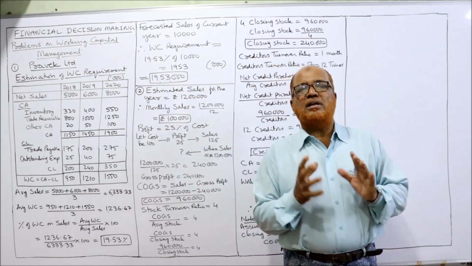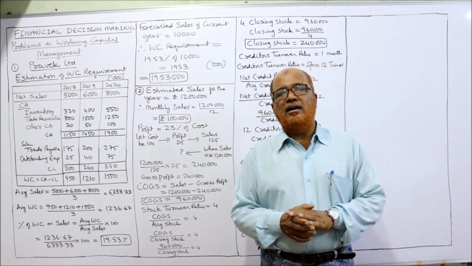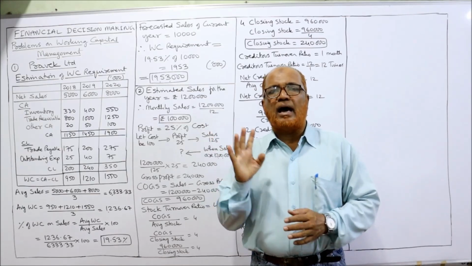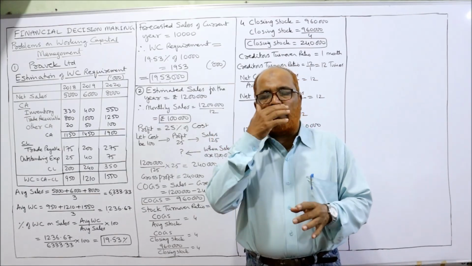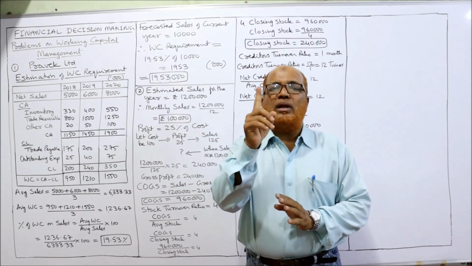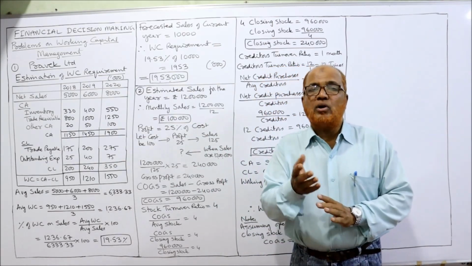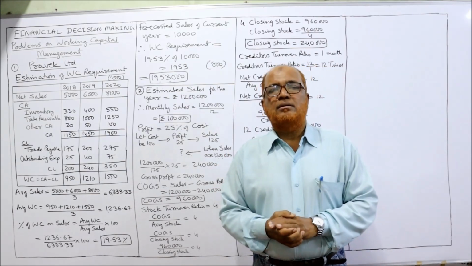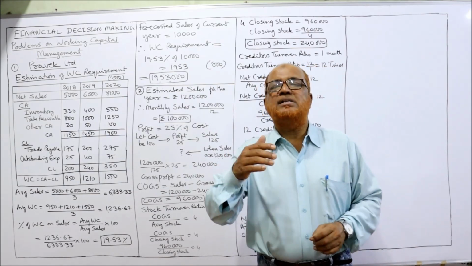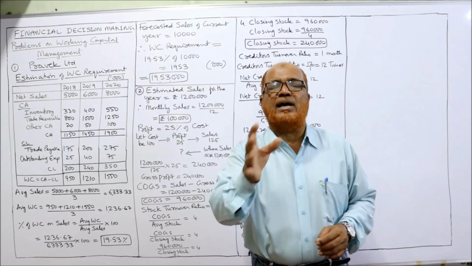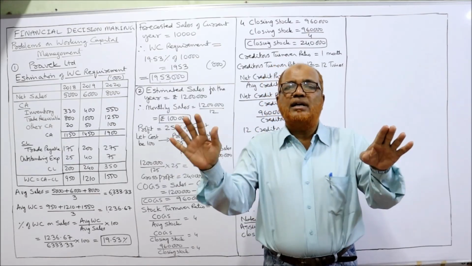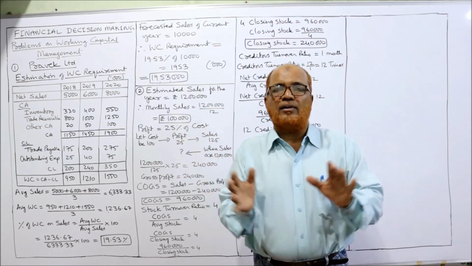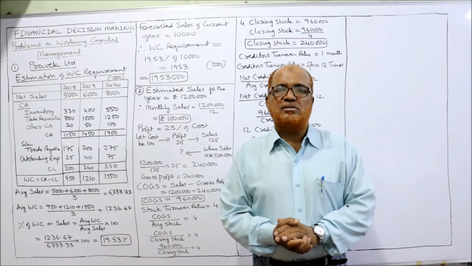Actually, for working capital requirement, we need current assets and current liabilities. In this problem, the current asset is only one, that is stock, because stock turnover ratio is given. We don't have receivables because it is given in the problem that the business sells goods only for cash. There are no credit sales, so no debtors, no receivables.